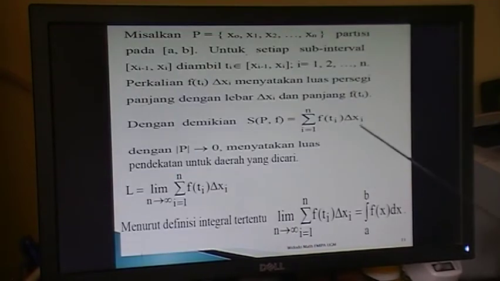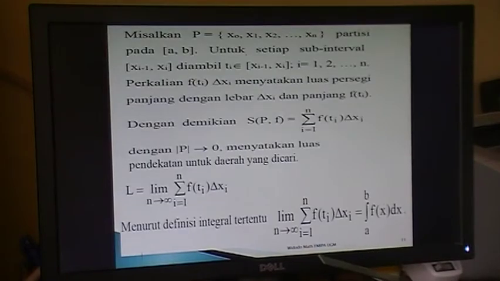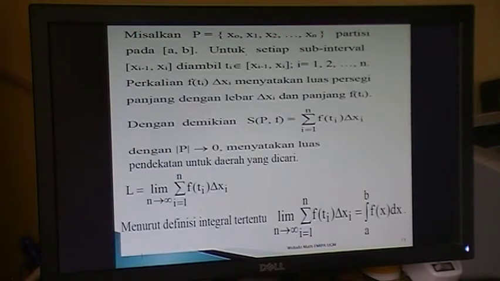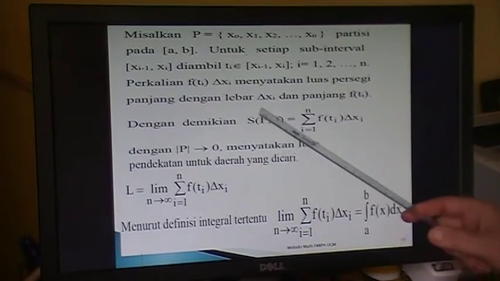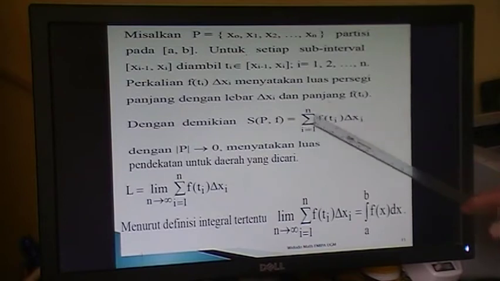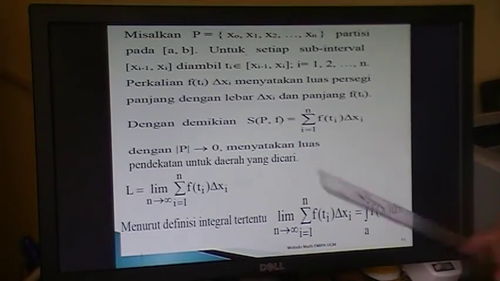Once again, the delta x_i is equal to x_i minus x_{i-1}. This sum S_P f is a number depending on the partition P and depending on the function f.